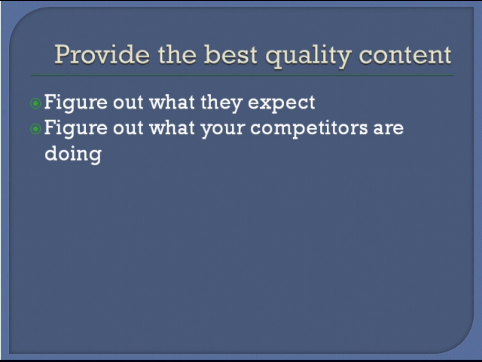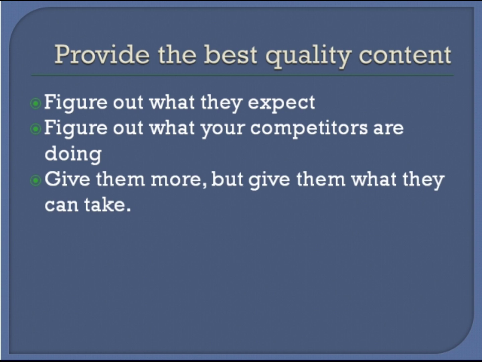Compare their product versus your product, and your goal is to give them more quality content. Your competitors might have a lot of content, but that doesn't necessarily mean it is quality content. So figure out what quality content your competitors are providing and then give them more, but give them what they can take. Find that fine line and give them enough quality content that they're going to be happy.